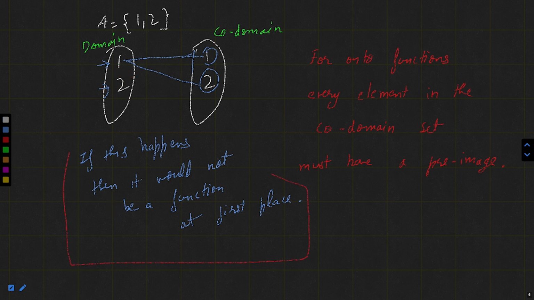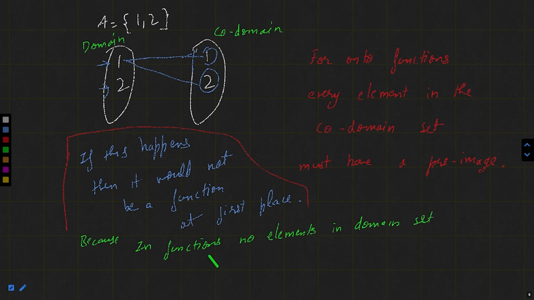In functions, no element in the domain set has two images, but here you can see that 1 has two images. 1 is associated with 1 and 1 is also associated with 2. So this cannot happen, and we cannot do it like this.